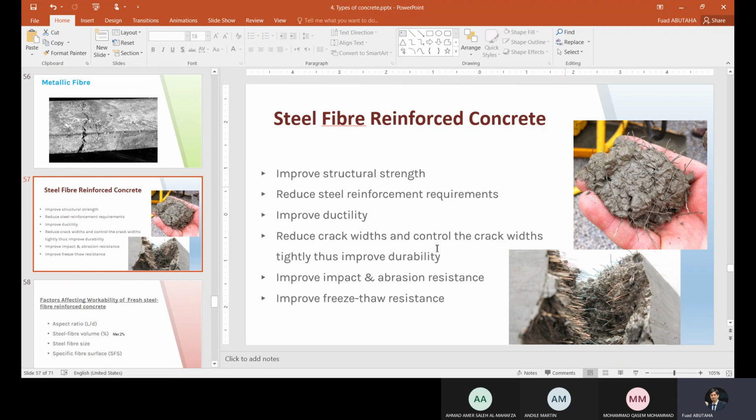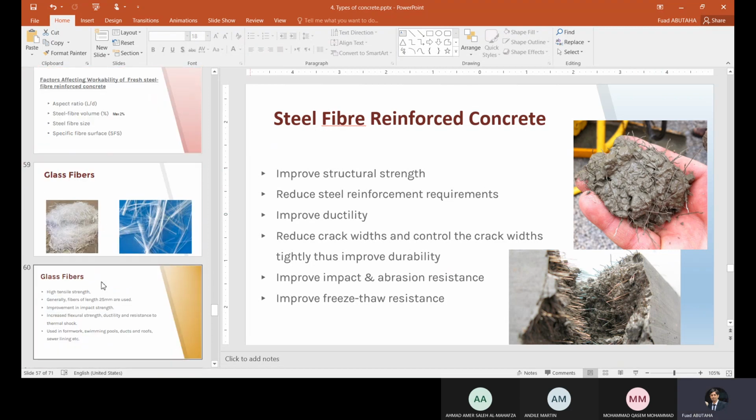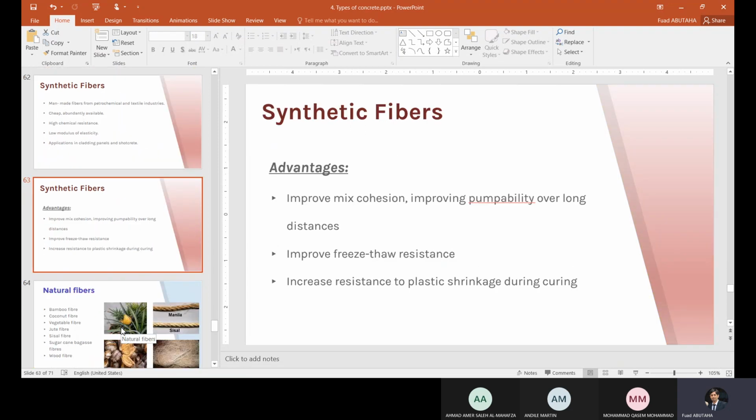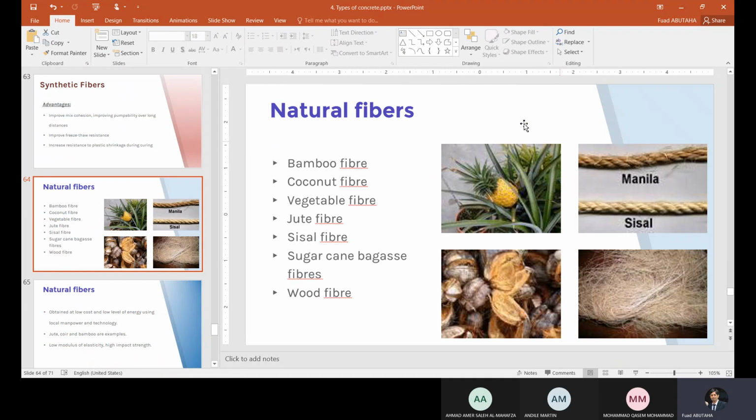Different types of fibers will give different effects on the concrete properties in general, in terms of the workability, the strength, etc. Natural fiber is the fiber that is taken from nature, like bamboo, coconut, etc. This is also a type of fiber that can contribute to the tensile properties of the concrete.